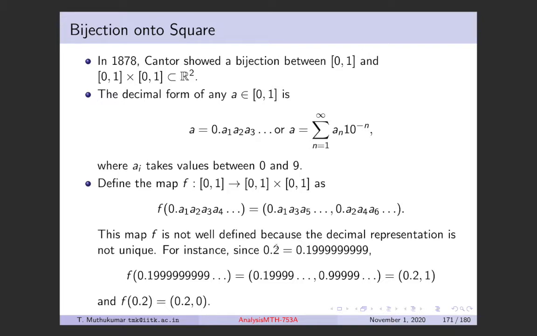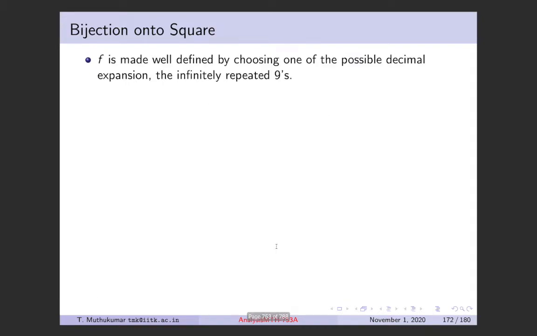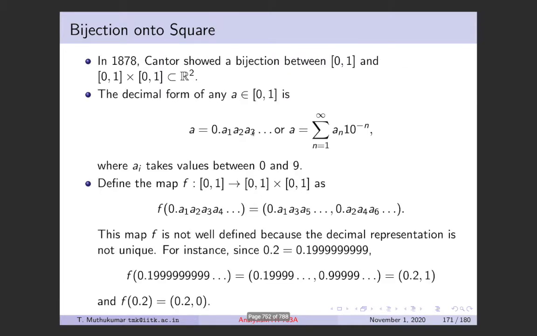So in order to fix this issue, what we do is that we fix the decimal expansion uniquely. So we don't allow multiple decimal expansions for the same number. And this happens only in the cases where you have repeated 9s. So what we will do is fix the convention that we are not going to consider the 0.2 decimal expansion.